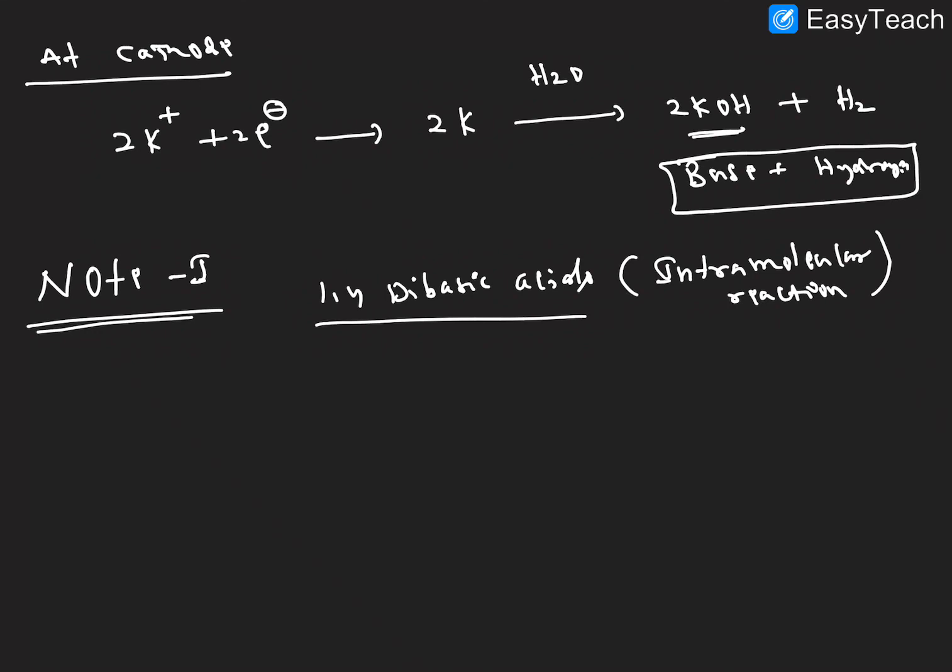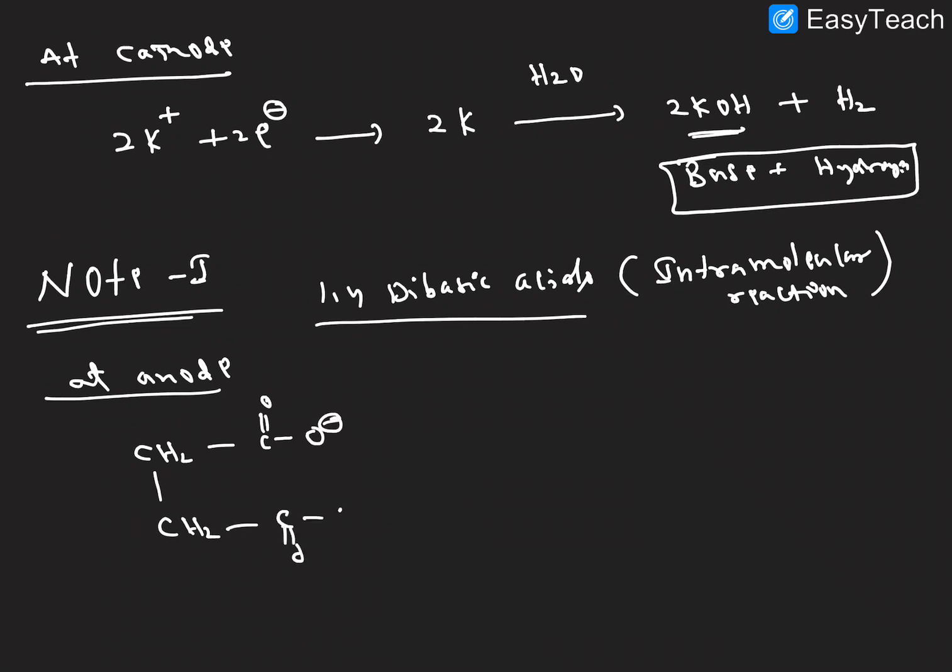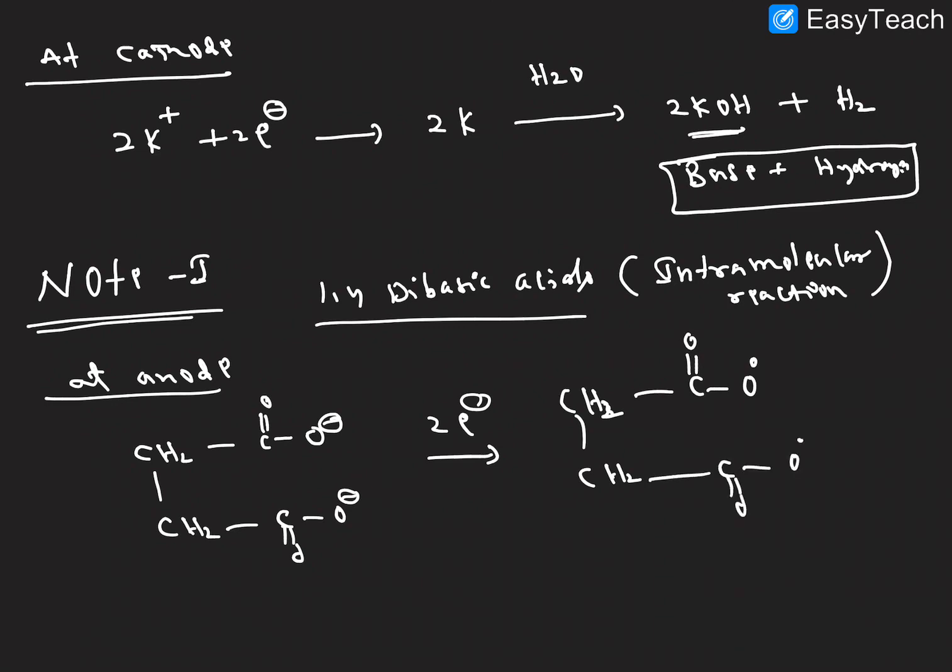Okay, so we are taking here succinate. What is the formula of succinate? And this is the anode reaction. The succinate, this is CH2 and C double bond O and O minus, and here C double bond O minus, losing the 2 electrons, and you will form radicals, CH2 and CH2 and C double bond O radical and C double bond O radical.